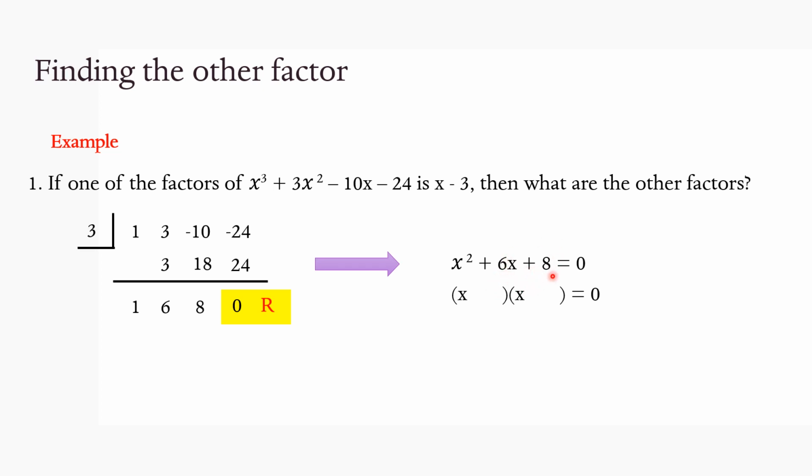We only have one pair of factors of 8 whose sum is equal to 6, and that is positive 2 and positive 4. So therefore x plus 2 and x plus 4 are the other factors of the given polynomial, x cubed plus 3x squared minus 10x minus 24.